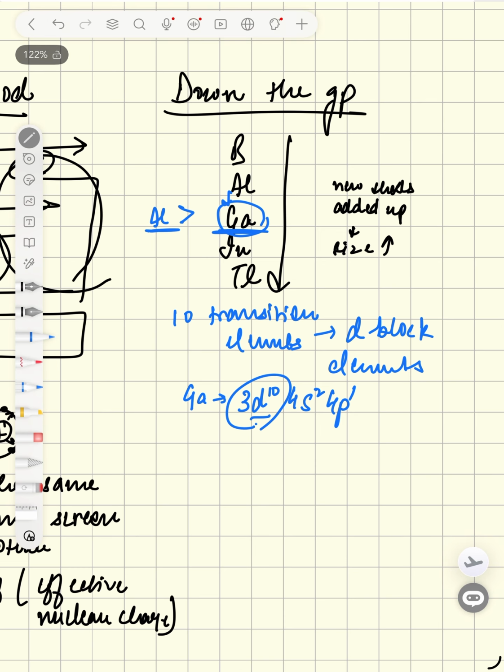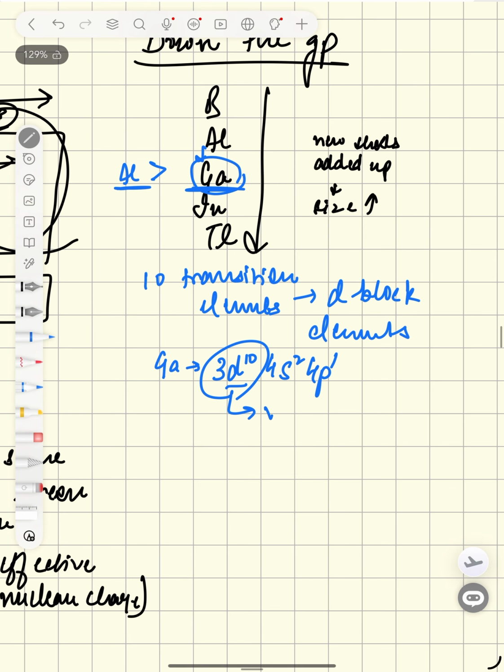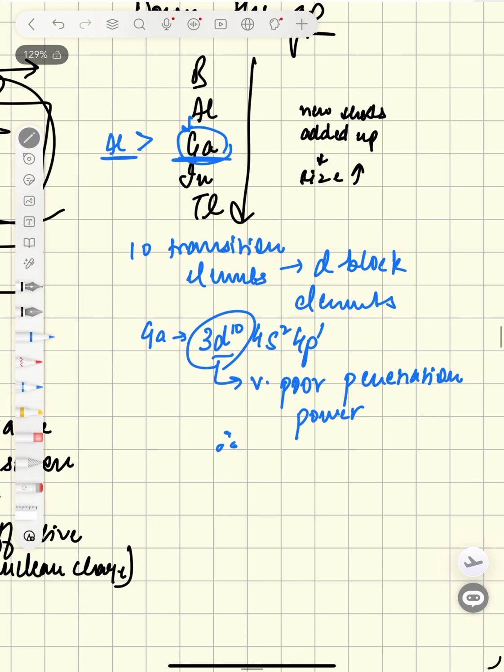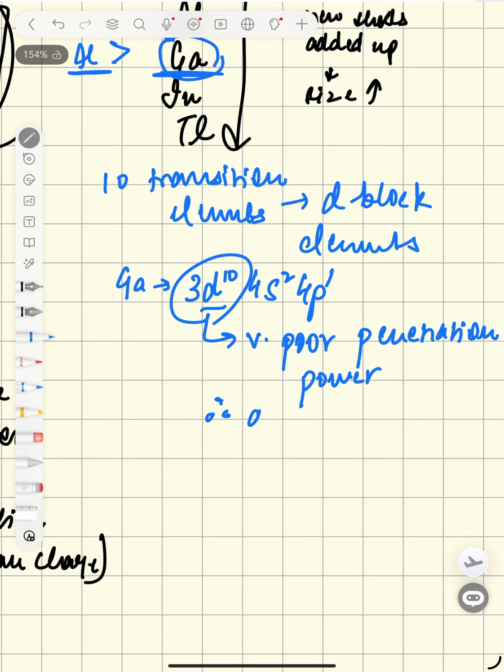These d electrons have very poor penetration power.